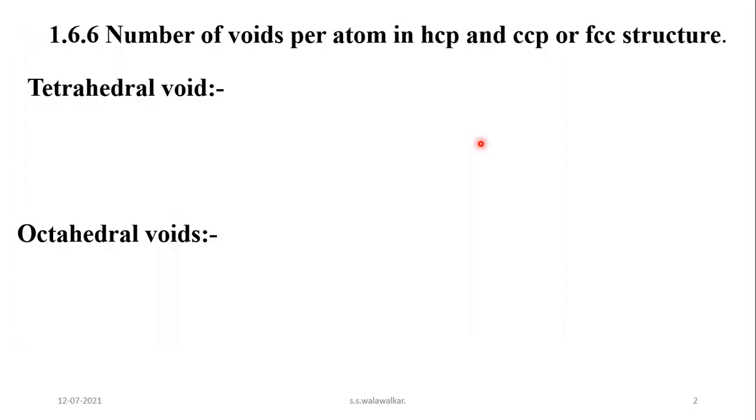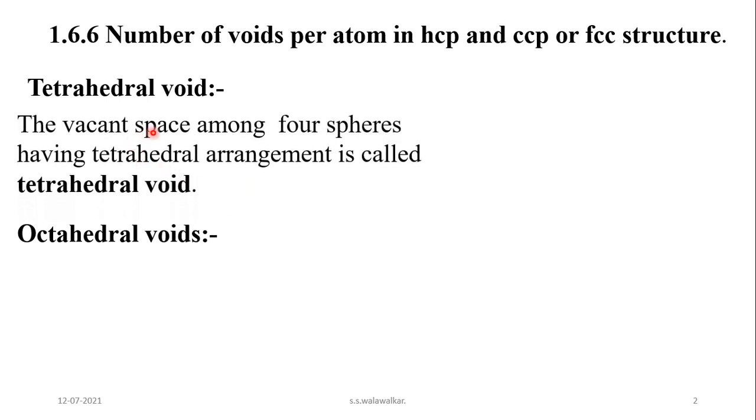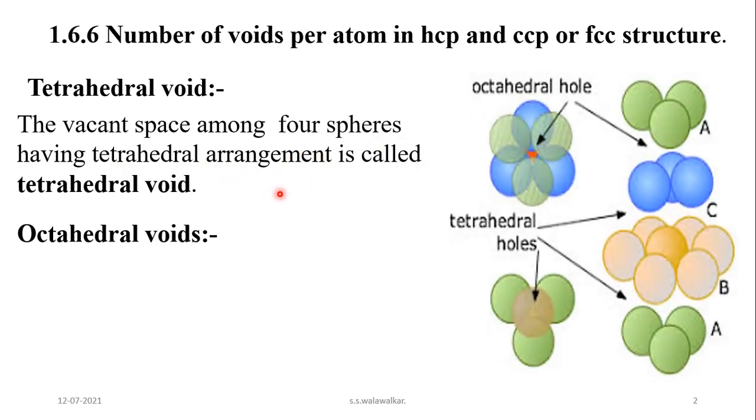In the previous video, we have studied the two types of voids formed by stacking of two hexagonal close packed layers. One is the tetrahedral void and the other one is the octahedral void. Tetrahedral void means a vacant space or empty space among four spheres having tetrahedral arrangement, like this.